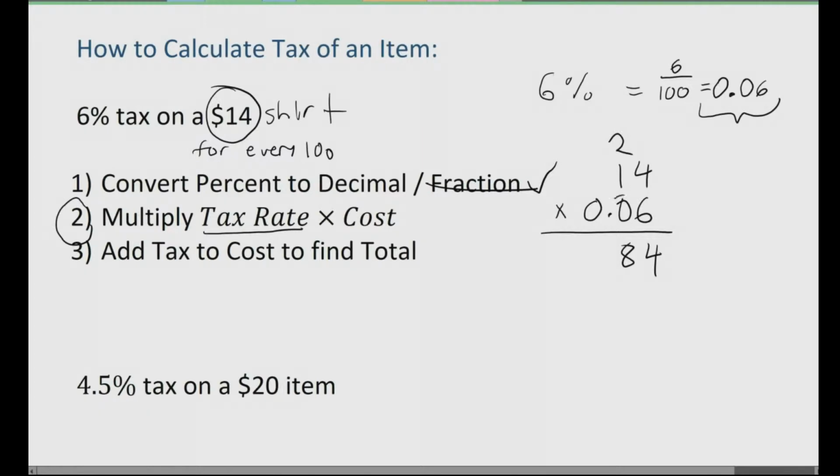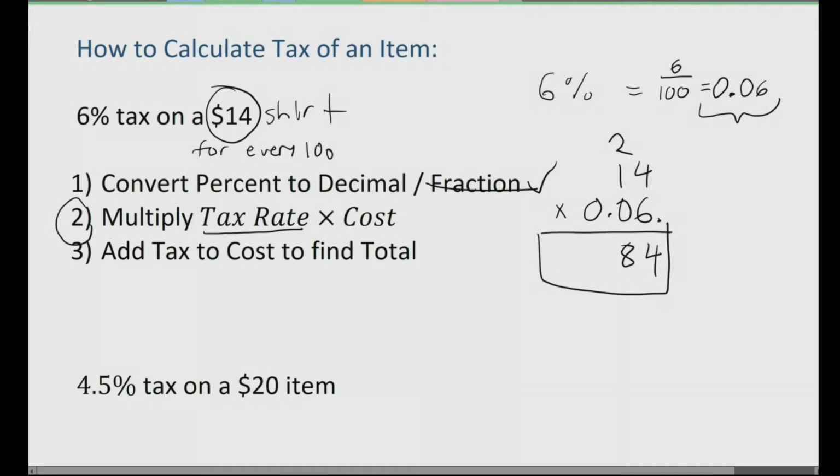And because this and this number are both zeros, we don't have to do any further. We know that 84 is going to be a part of our answer because if we take a look at this, we move the decimal place over 1, 2 times.